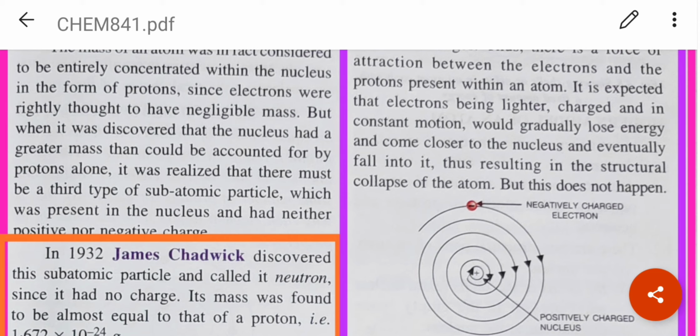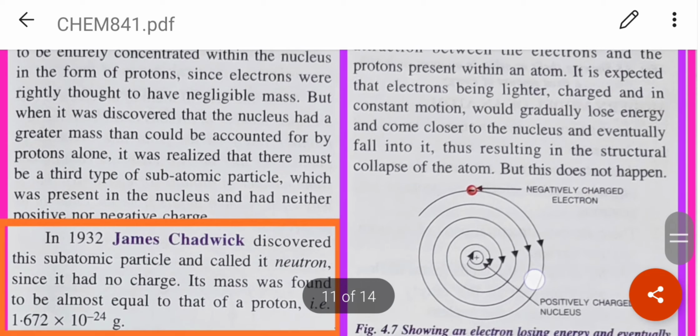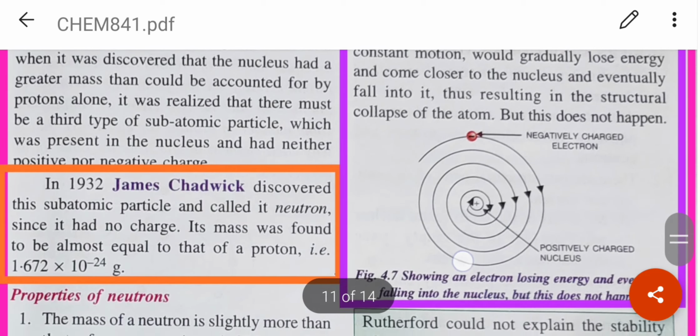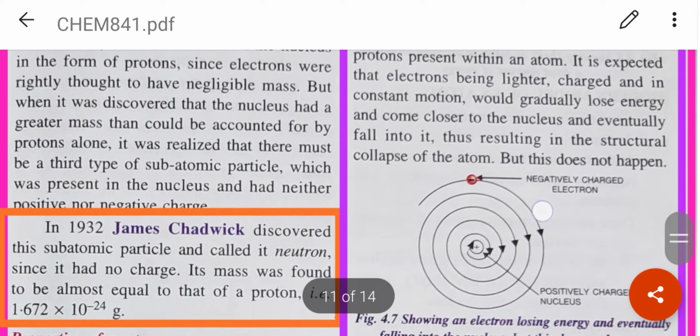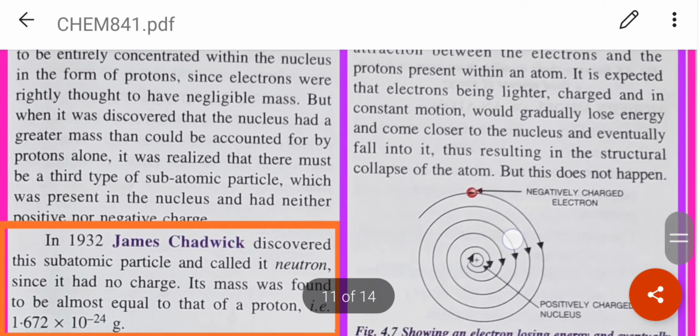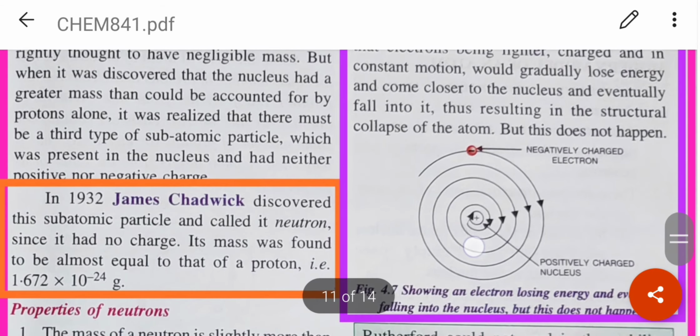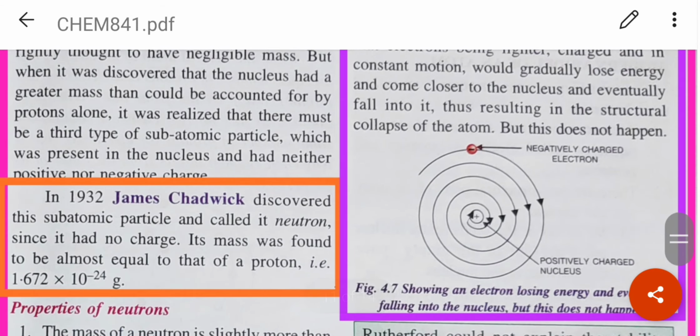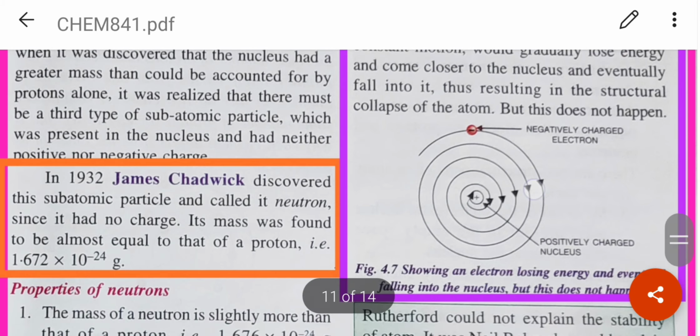So what will happen, since the electrons are charged and in constant motion, is that they will gradually lose energy, move towards the center of the atom, that is towards the nucleus, and eventually collapse in it. But we know that that is not true.